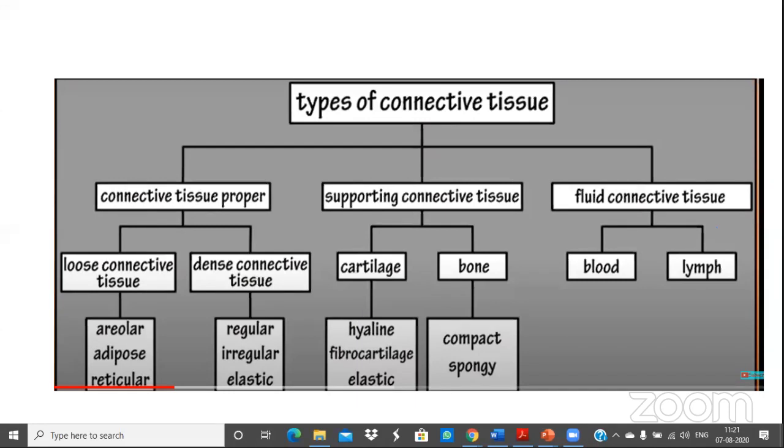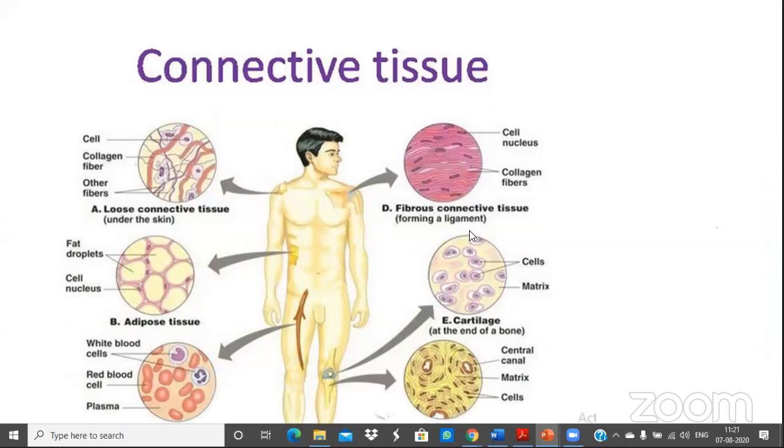Usually it is located on the top of the bones in order to soften the impact. And another, fluid connective tissue, is blood. Blood is a connective tissue in the form of fluid. Right, you can see here.